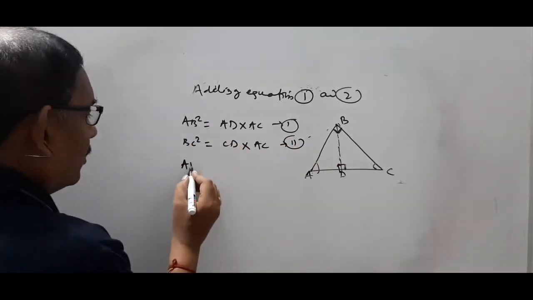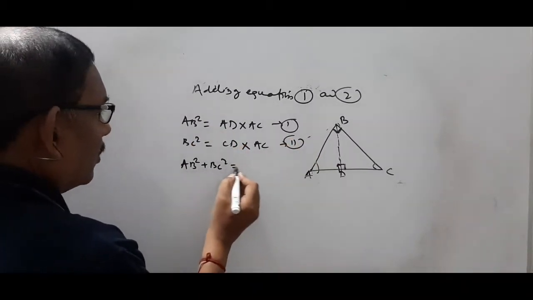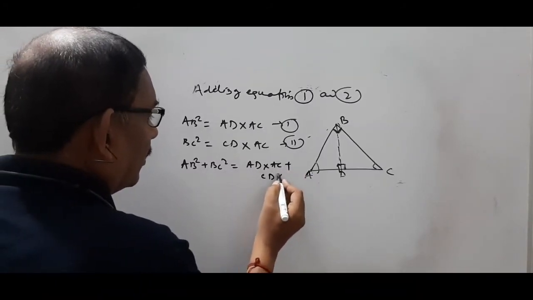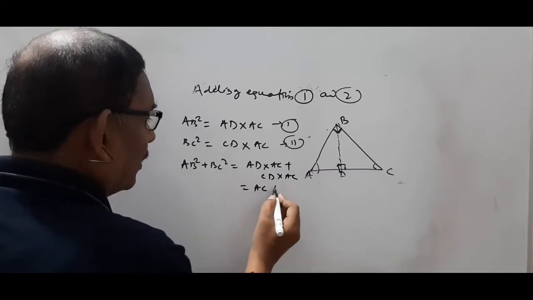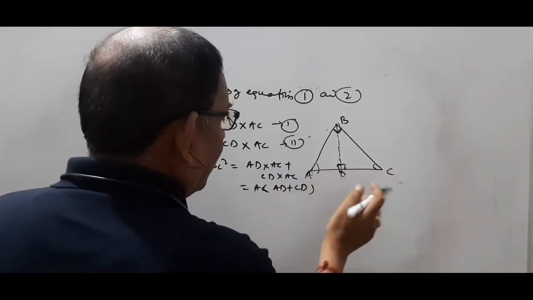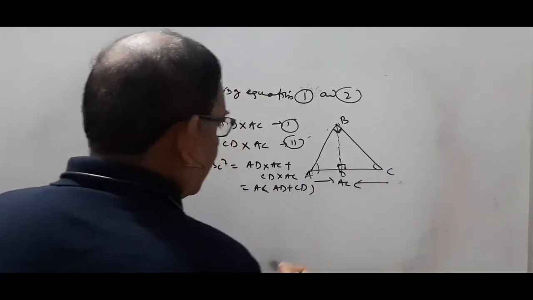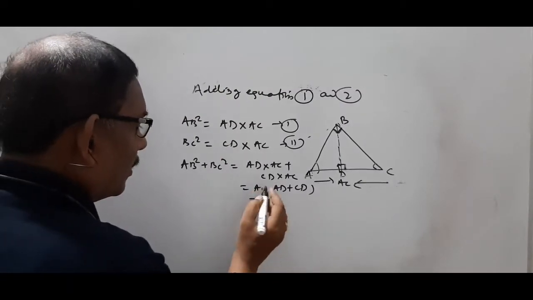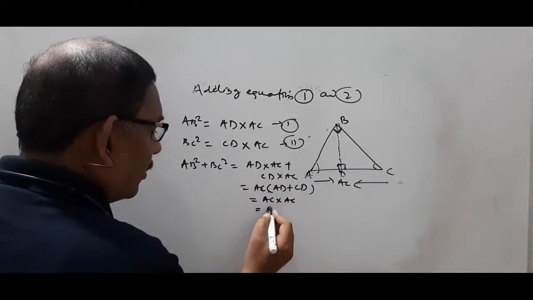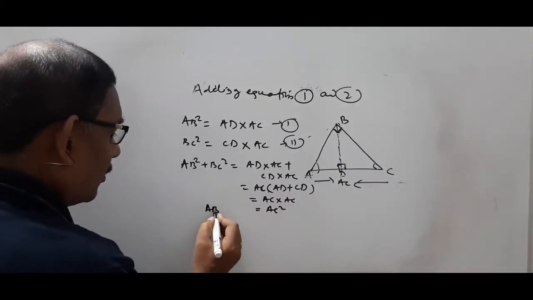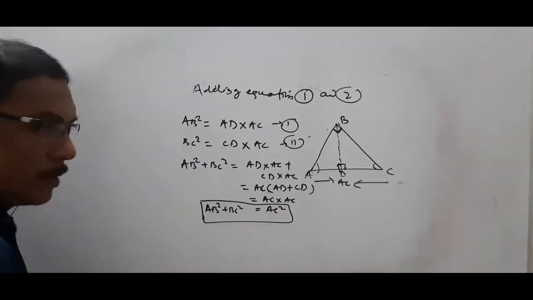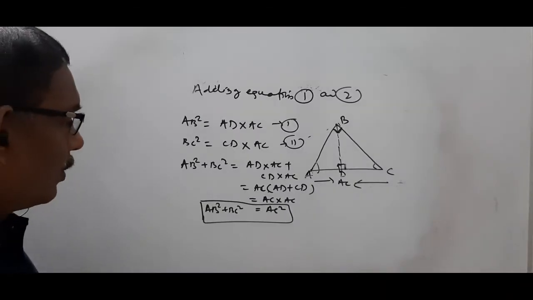So adding these two, AB square plus BC square is equal to AD into AC plus CD into AC. Taking AC common, AD plus CD. So look here, AD plus CD gives you AC. So it is AC into AC, equal to AC square. So AB square plus BC square equal to AC square. It is the proving part.